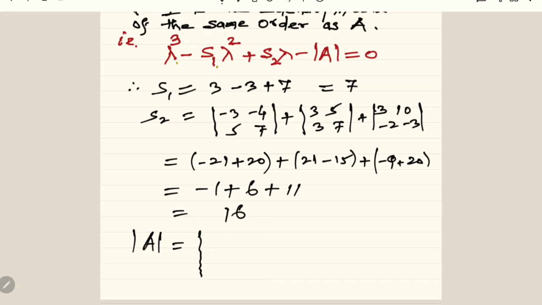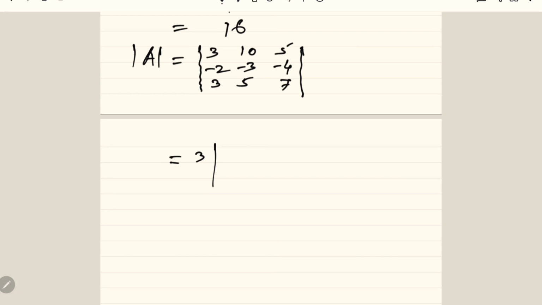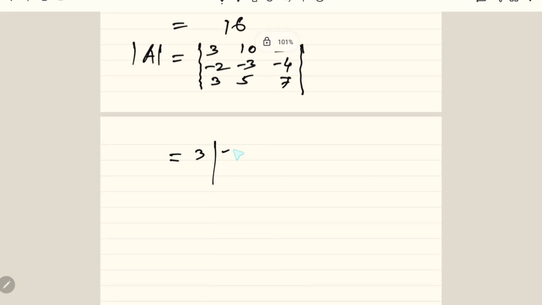Determinant of A: the elements of the matrix are 3, 10, 5, -2, -3, -4, 3, 5 and 7. Evaluating this third order determinant as usual, firstly, neglecting the first row and first column, the determinant of the remaining elements -3, -4, 5, 7.